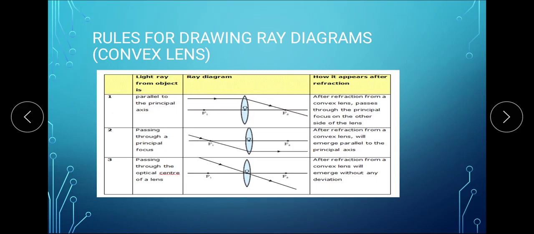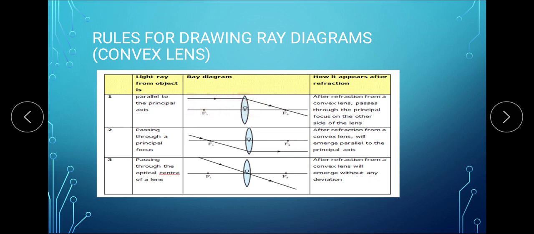First we will study the rules for convex lens. There are three main rules which are to be followed, and out of these three rules you can use any two rules to draw your ray diagrams. Your first rule is a ray which passes parallel to the principal axis after getting refracted will pass through principal focus.